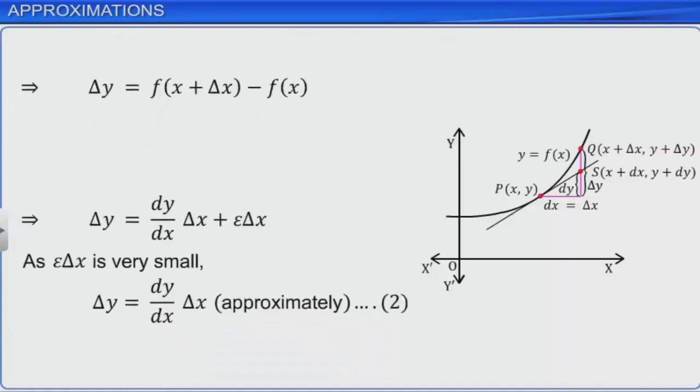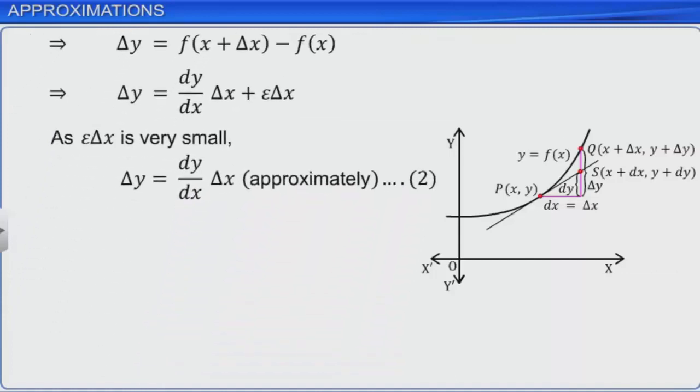That is, the increment delta y in the dependent variable y is approximately equal to dy upon dx multiplied by delta x. We have f of (x plus delta x) is equal to delta y plus f of x.